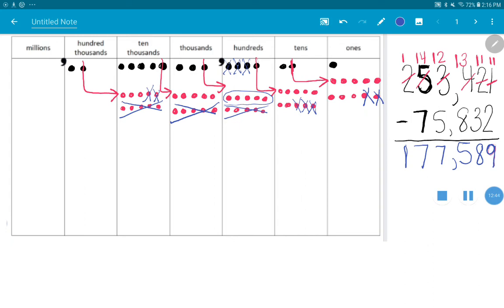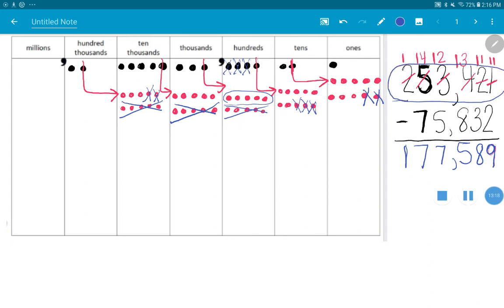If I wanted to check my subtraction, how could I check to see if I subtracted correctly, Ainsley? You add. Okay, what would I add? The 253,421. That's our total. 253,421 was the total amount that we started with.